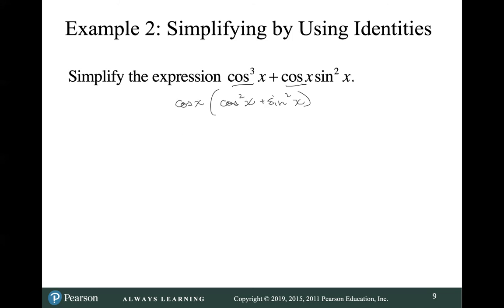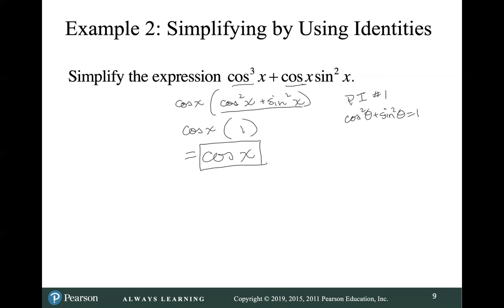So now we have cosine of x times Pythagorean identity number 1. Cosine squared theta plus sine squared theta equals 1. So that whole thing just becomes 1, equals cosine of x as our final answer.